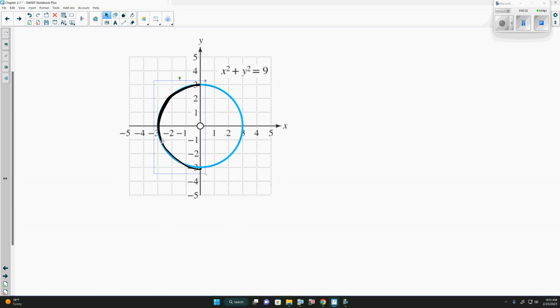A reflection across the x-axis, we flip it up, down. We're just going across the x-axis, so it's reflected across the x. And the origin is saying we're doing both. It's reflected across the x and y. If we do both and we get points that are on the original graph, then it's a reflection across the origin, or symmetric to the origin.